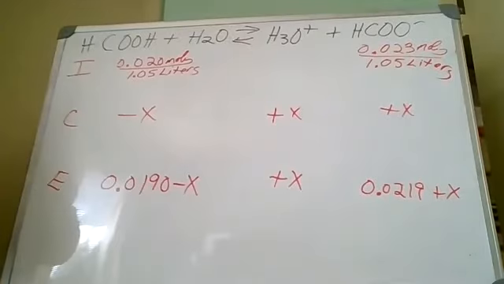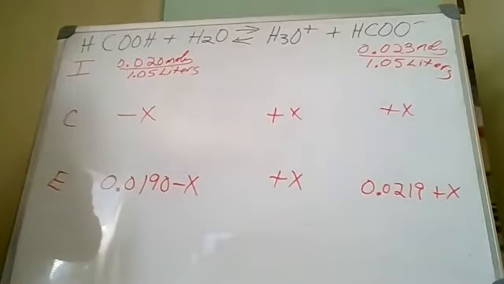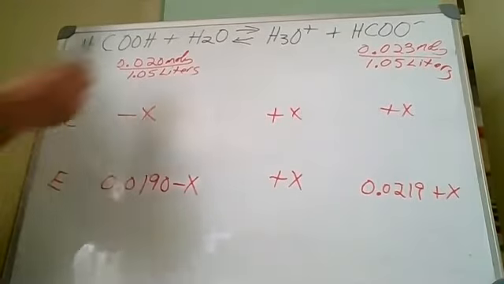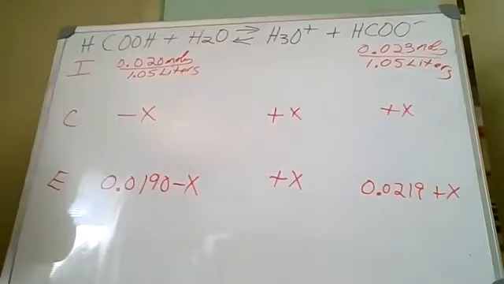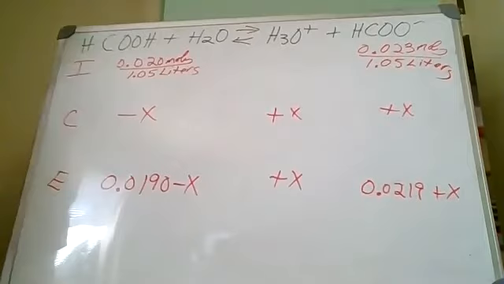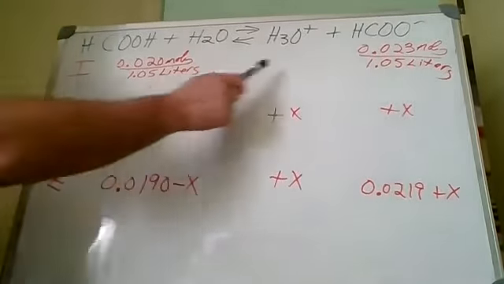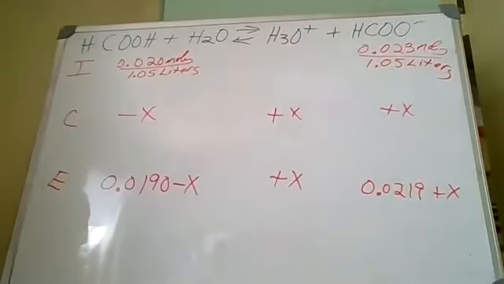So we have to recalculate the ice table. The concentration of the conjugate base will increase, the concentration of the original weak acid will decrease. From that point, it's just an ice table, right? And we should know how to do that from there. So the only thing different here was recognizing that the weak acid gets neutralized and converted into conjugate base.